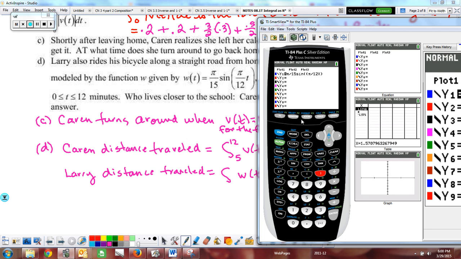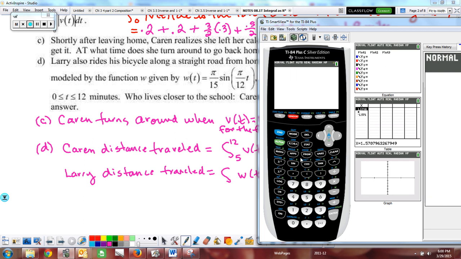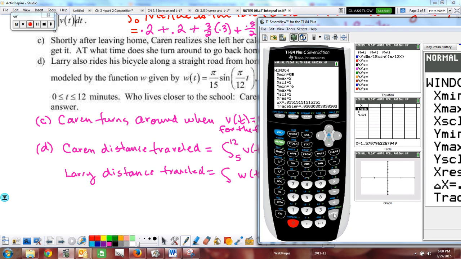We're doing 0 to 12, so our window, I'm going to go 0 to 12. And he's riding a bike, so he can't be going that fast. Pi over 15 is like 3 over 15, and this is only between 1 and -1. Let's not even do -6. Let's do -1 to 1, and let's see what happens.